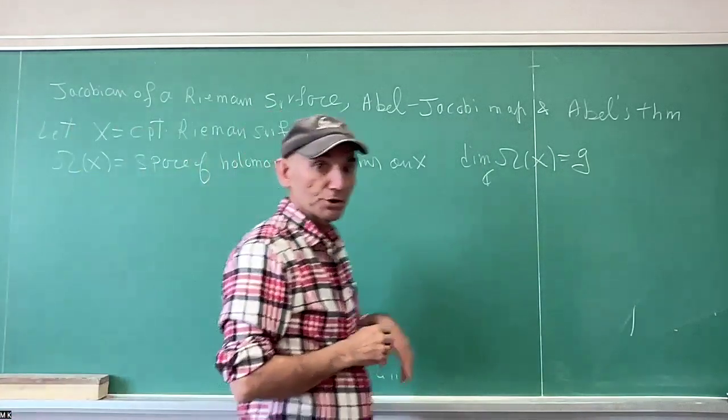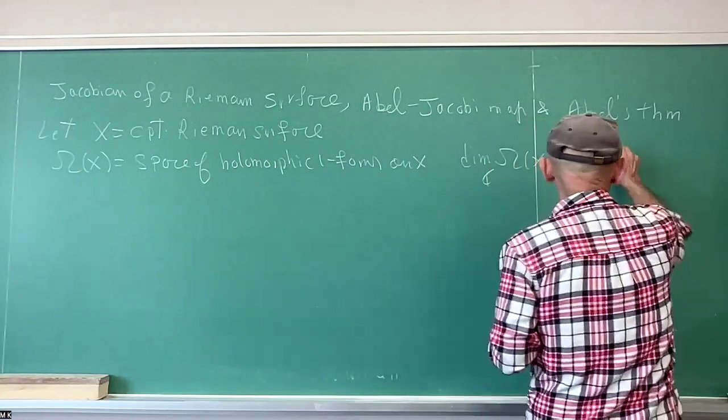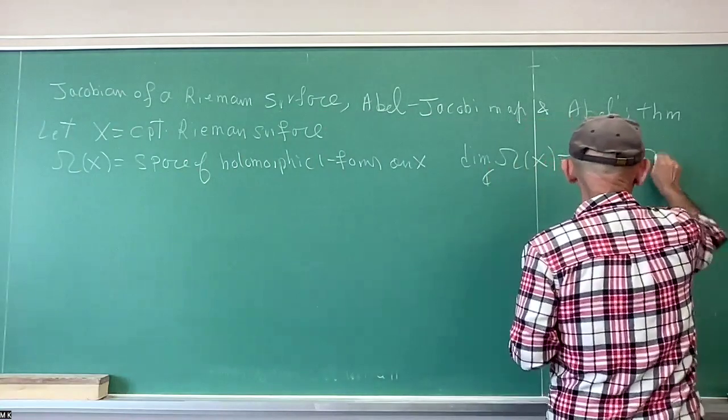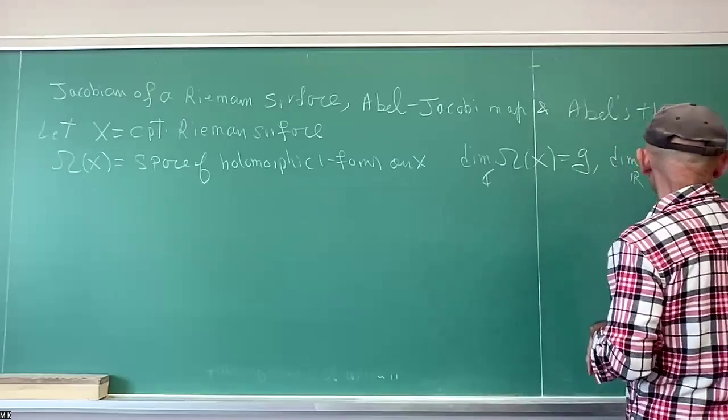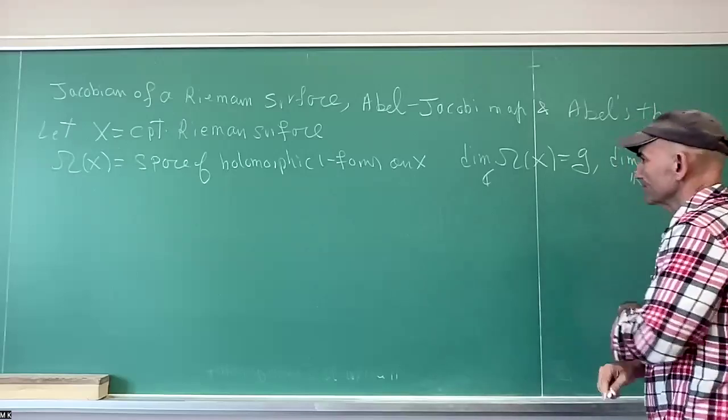So its dimension as a real vector space is 2G, like double dimension.